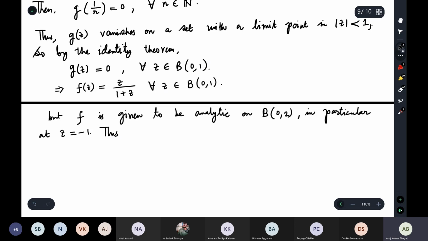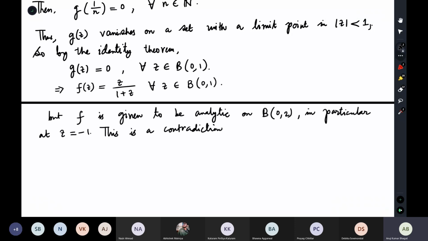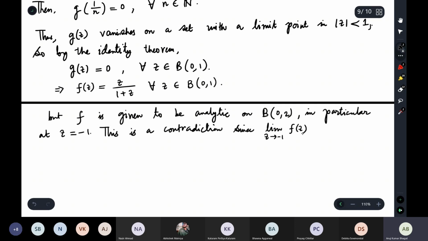This is the contradiction. Why? You see, अगर fz ये function है on B01, then it is undefined at -1, sorry. This is a contradiction, since if you see this limit z tends to -1 of fz, which is nothing but limit z tends to -1 of z by 1 plus z, doesn't exist.